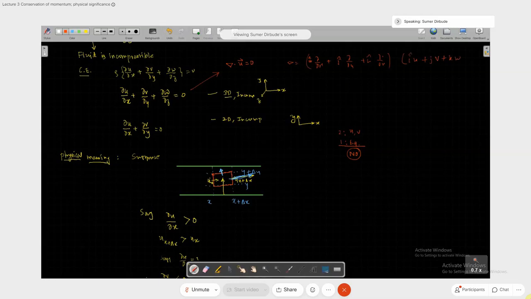You take a dot product and get del u/del x plus del v/del y plus del w/del z, using the properties of i dot i, j dot j, k dot k: i is dotted with i only, j with j only, k with k only, which gives significant results.